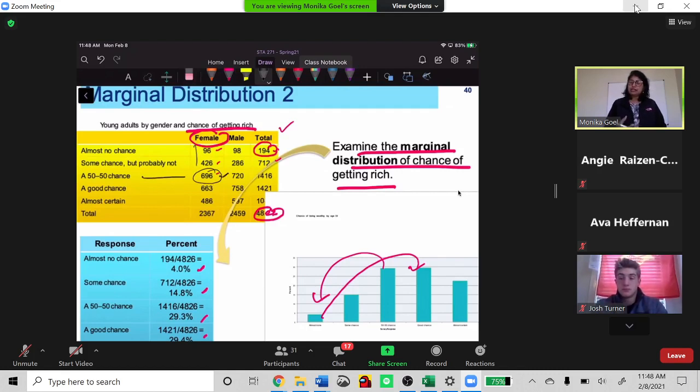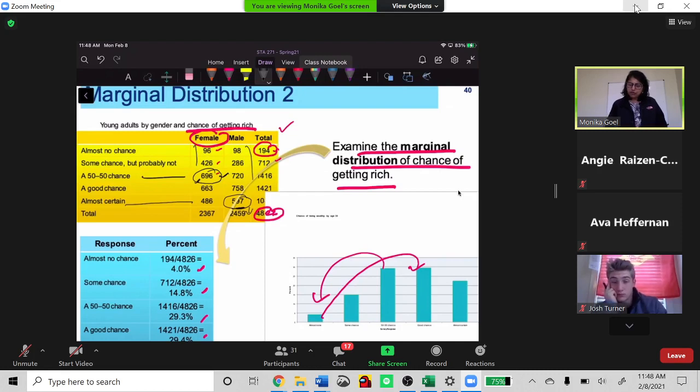condition. And let's say my condition is male and almost certain chance of getting rich. Can I still use this? No, now my condition is different. Male and almost certain chance of getting rich. So I'm talking about this. And again, when I'm talking about male, what is the condition? Am I looking among the males? If I'm looking among the males, I divide with this.